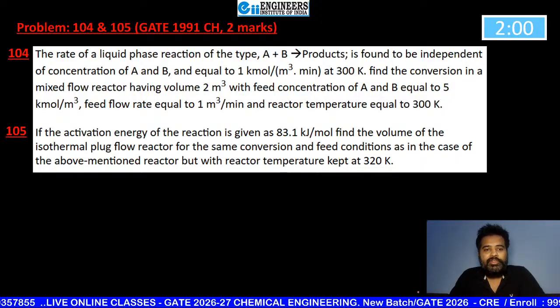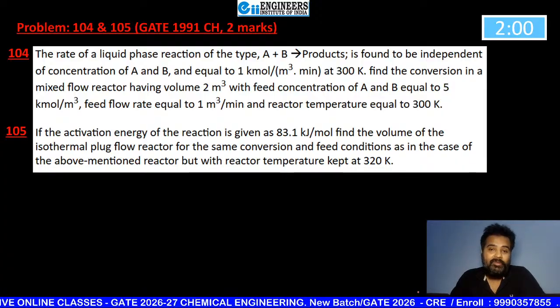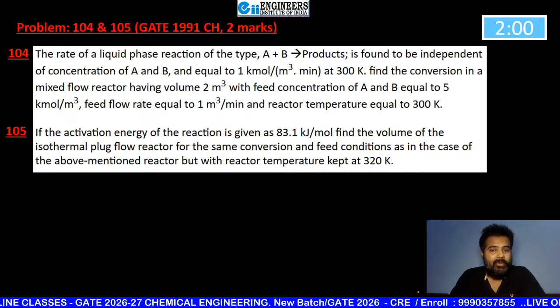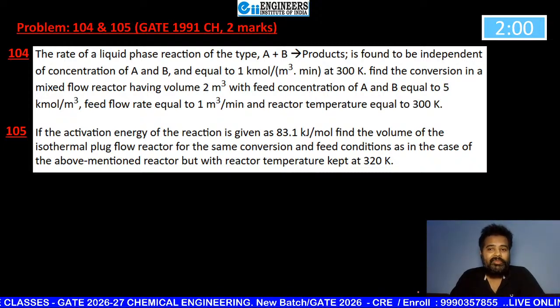Now, if the activation energy of the reaction is given as 83.1 kilojoule per mole, find the volume of the isothermal plug flow reactor for the same conversion and feed conditions as in the above mentioned reactor, but with the reactor temperature now 320 Kelvin.